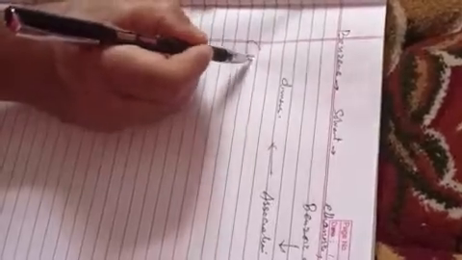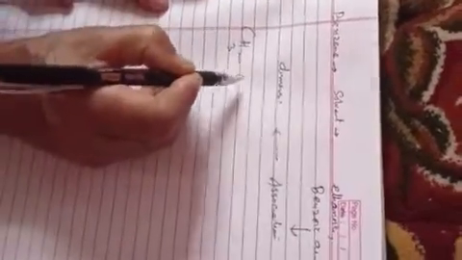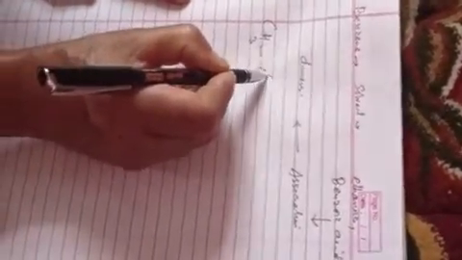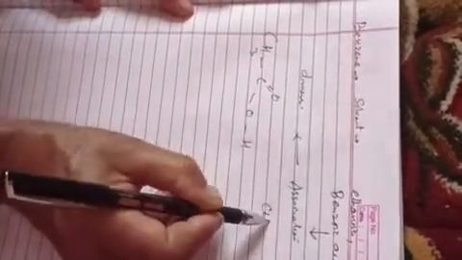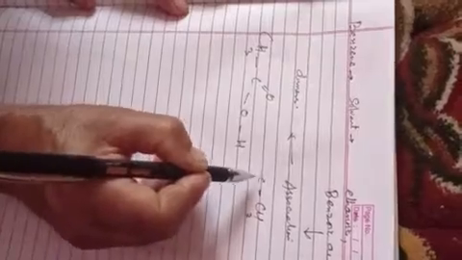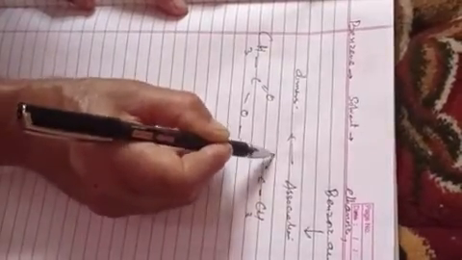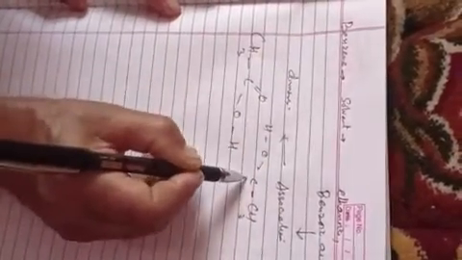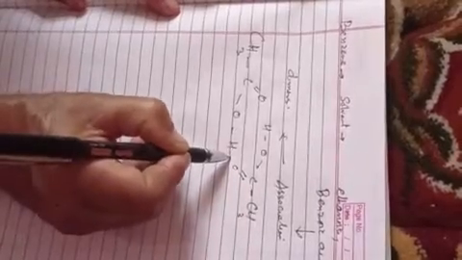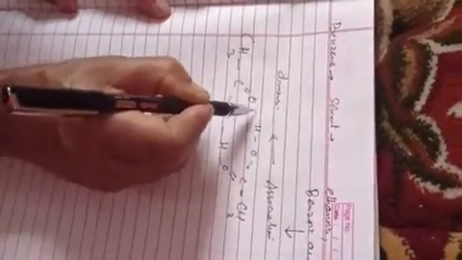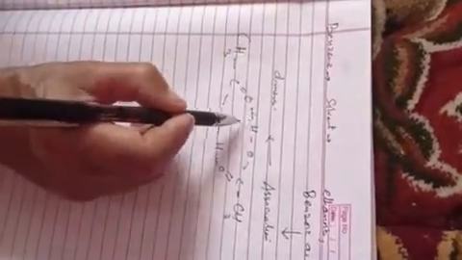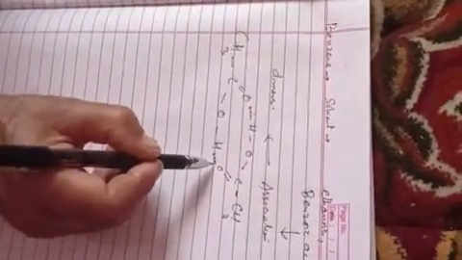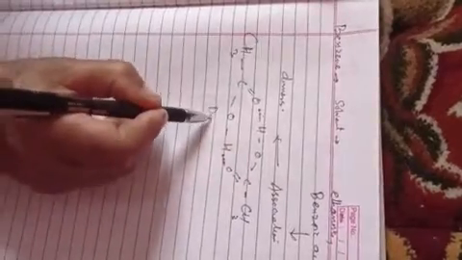For example, in case of ethanoic acid, two ethanoic acid molecules combine as a result of hydrogen bonding. Hydrogen bonding takes place and dimers are formed.